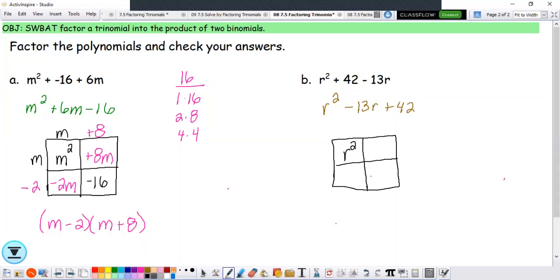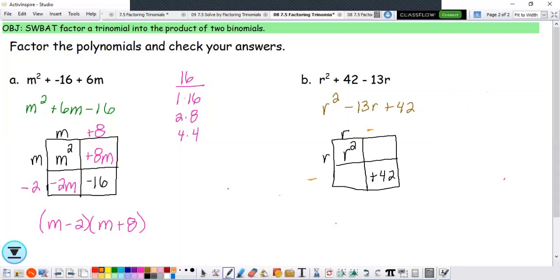R squared, positive 42, r times r. And as I'm looking at this, 42 is positive, but the middle term is negative. In order for the middle term to be negative and the 42 to be positive, I'm going to have two negative values.